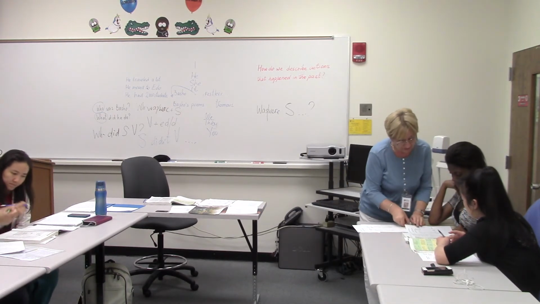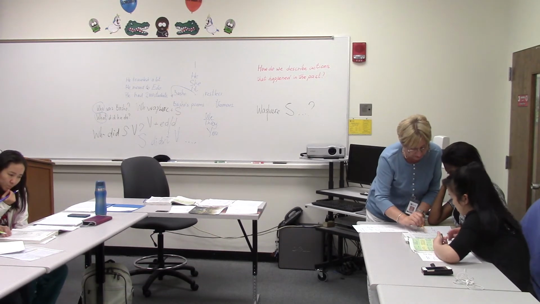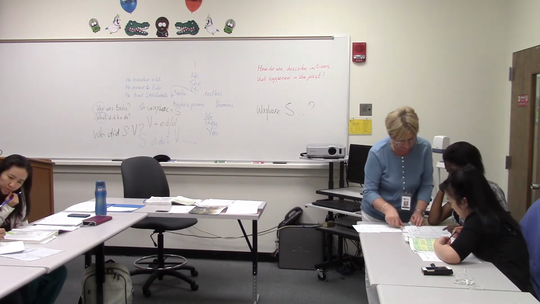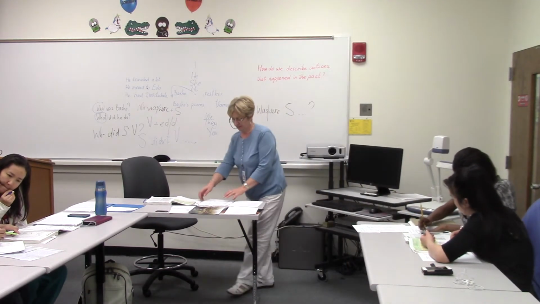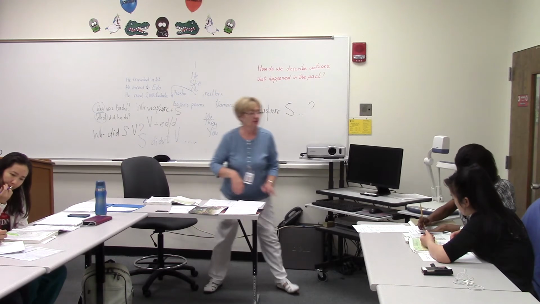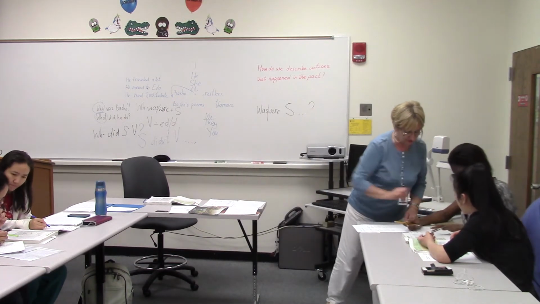You don't have to write the whole sentence, you just fill out the verbs. Whatever verbs you find here, you put them in the column, okay? It's okay, leave it, it doesn't matter, it's yours. You just fill out, yes.